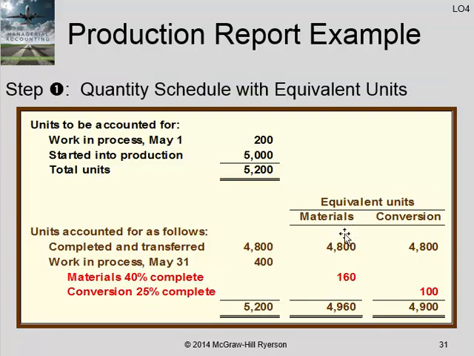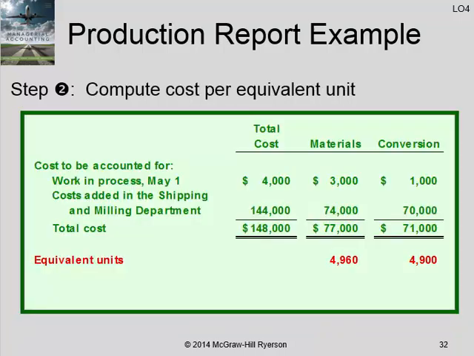There's your 40 and your 25, do the math. And now we've figured out that in this month, 4,960 equivalent units with respect to materials and 4,900 equivalent units with respect to conversion costs. Okay, so now the next section. Let's do the cost per equivalent unit.